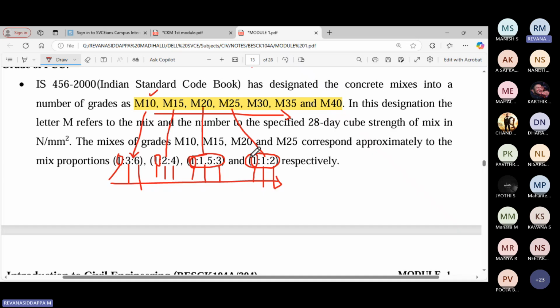By this, what we can understand is that the more cement added, the higher the compressive strength, up to some limit. It's not that you can keep adding more cement and get more strength.